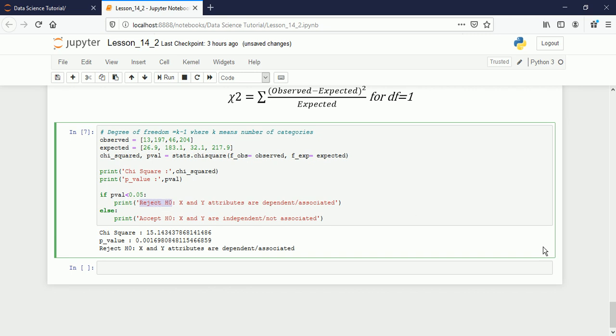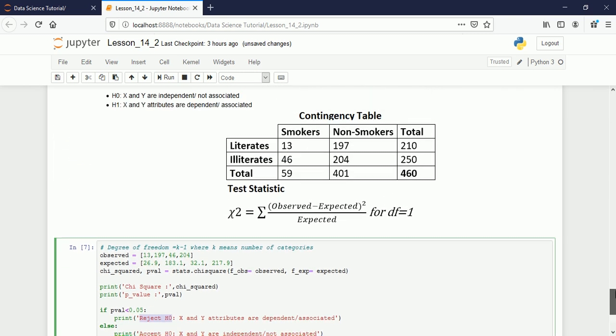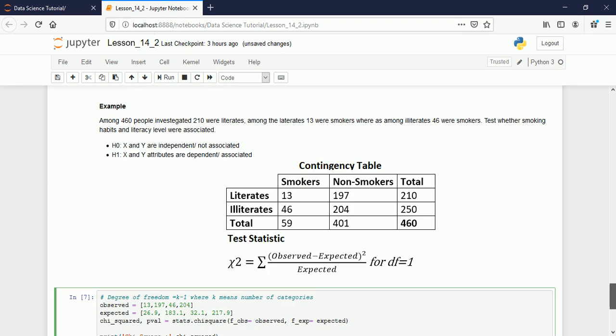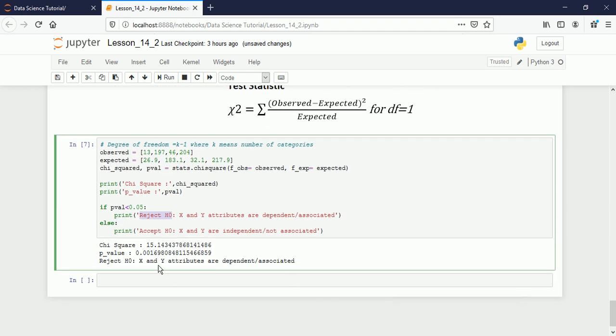So the alternative hypothesis is this one, friends: X and Y attributes are dependent, because we are rejecting the null hypothesis and we have to accept H1. H1 says X and Y attributes are dependent and they are associated.